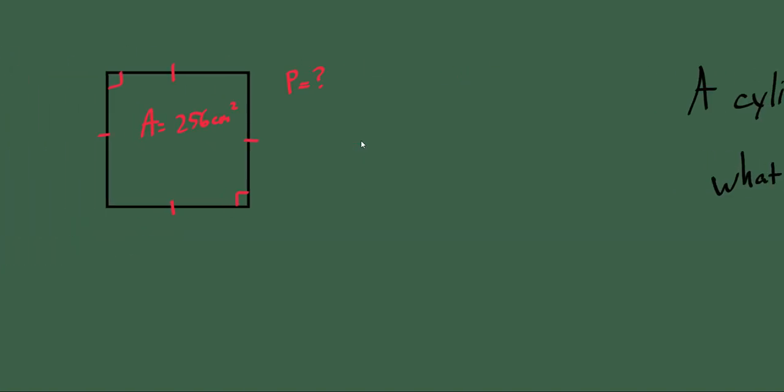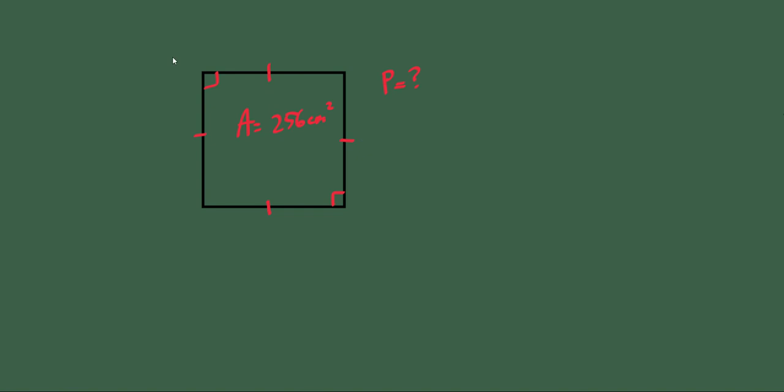Here we've got a square. It tells us the area of the square, 256 square centimeters, and asks us for the perimeter. So first off, to get the area of a square, we could say length times width, or we could say base times height. They're the same as each other though. Any one side is the same as any other side in a square, so we often write it as side squared.